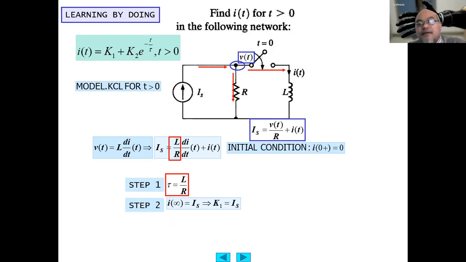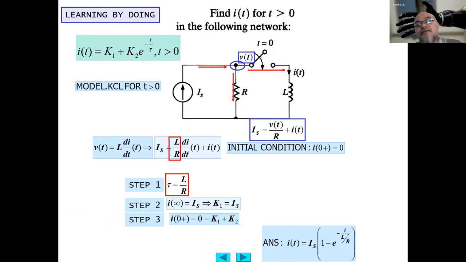The current at 0+ equals 0, and this equals K1 plus K2. So it means K2 equals 0 minus K1, which equals minus Is. So from here, we obtain the answer: i(t), the current flowing through the inductance, equals Is times 1 minus exponent minus t over L over R.